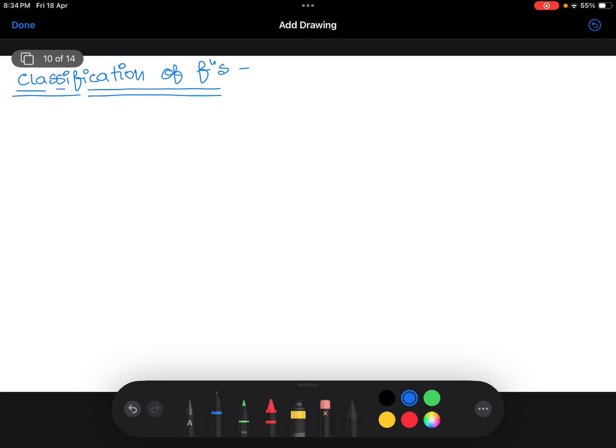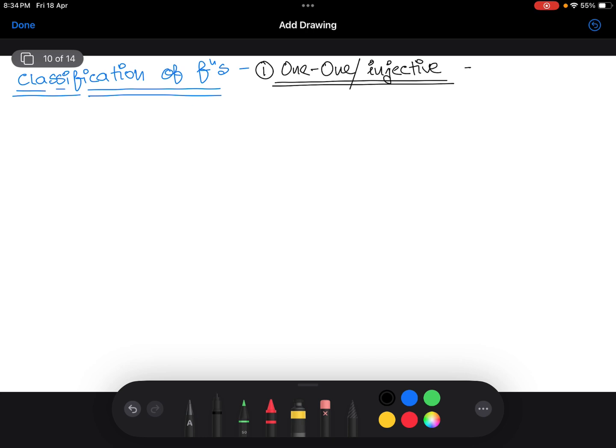The first kind, let's say one-one or injective function. So what is an injective function?